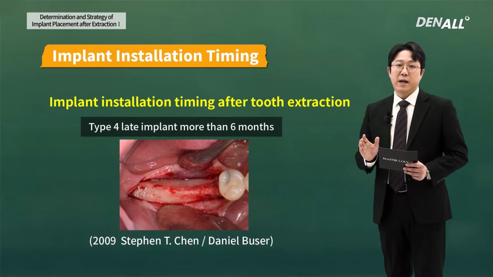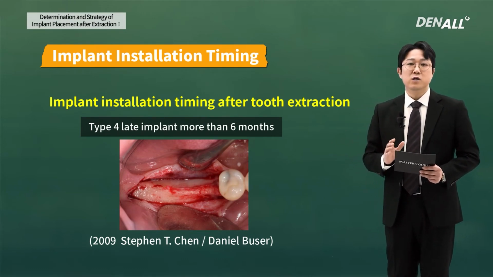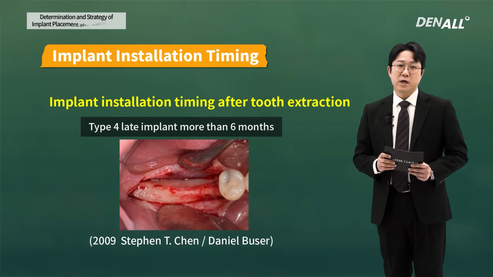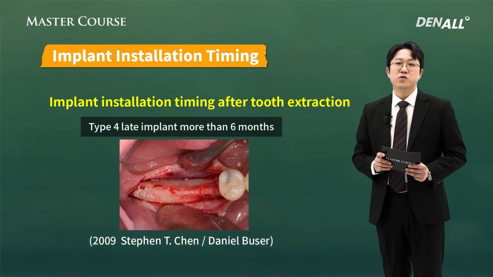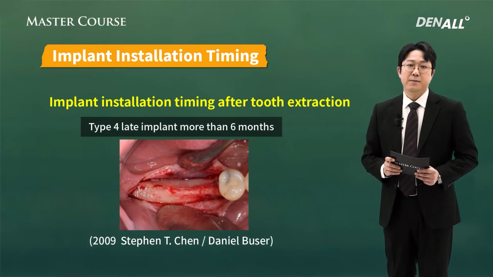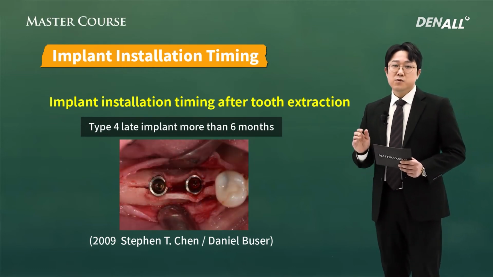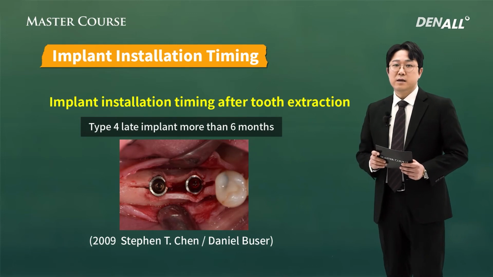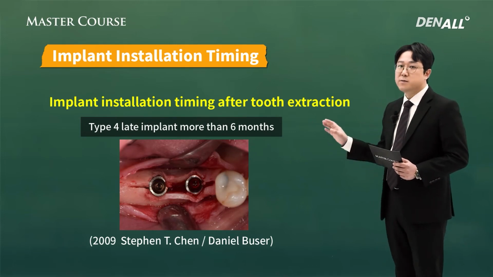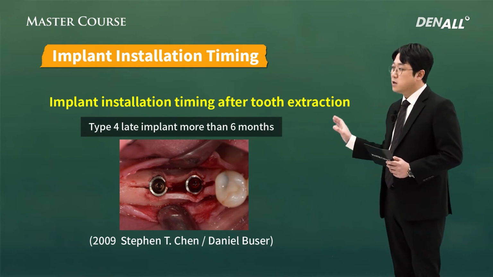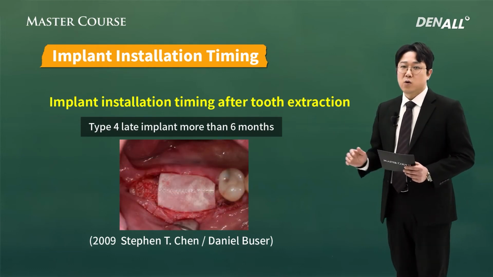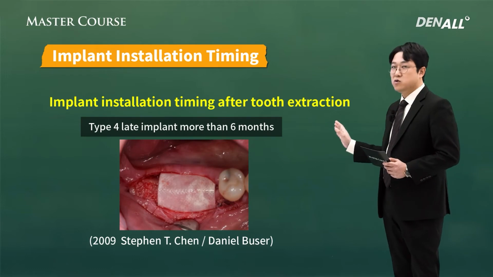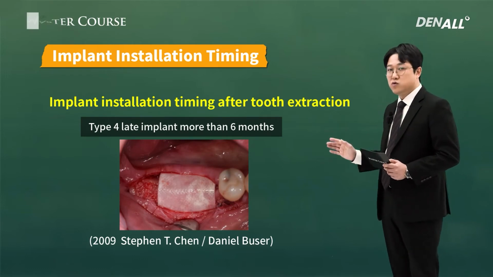Depending on the state of the socket at extraction, healing can differ, but if you look at the Schropp literature, 1 year after extraction, buccal bone loss of 50% can occur. If you wait long, as shown, bone resorption can occur significantly. In such cases, when you place an implant, advanced techniques are required. A lot of bone graft is required, so you may feel more stressed about surgery.